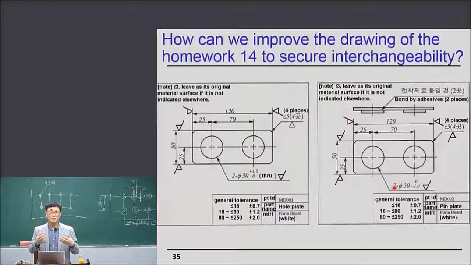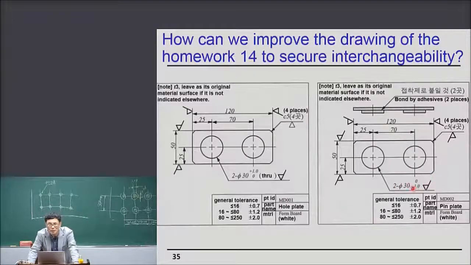Large gamma is the difference between the diameter of the MMC hole and the diameter of the MMC pin. Maybe that should be larger than 0, right? Like 0.2 millimeter. Then you can assign the true position of the pin plate and hole plate, right?